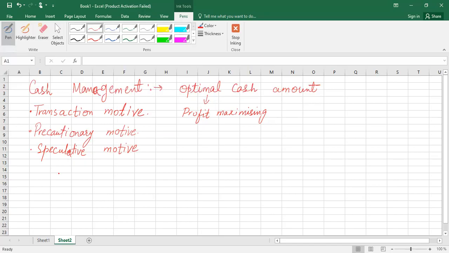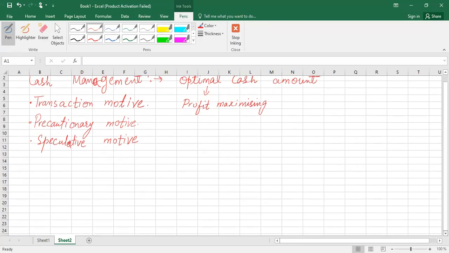Suppose we have the opportunity to invest in securities which can be profitable in a short period of time, either due to capital gain or interest income. These are the speculative motives. So these are the motives why we must always hold cash. But how much? The optimal cash amount.